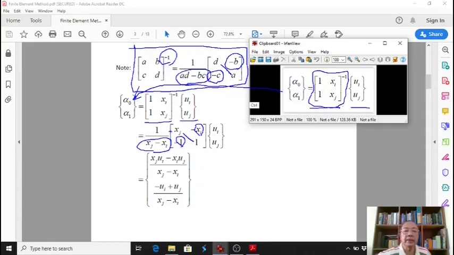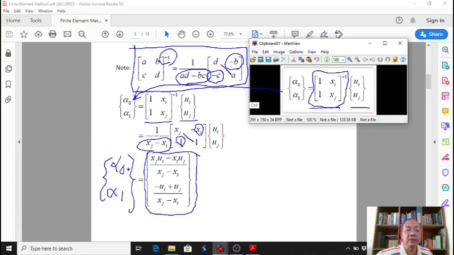So once we solve or multiply, we will get this. So now this is alpha 0, alpha 1. From here we found alpha 0 is equal to this and alpha 1 equal to this.